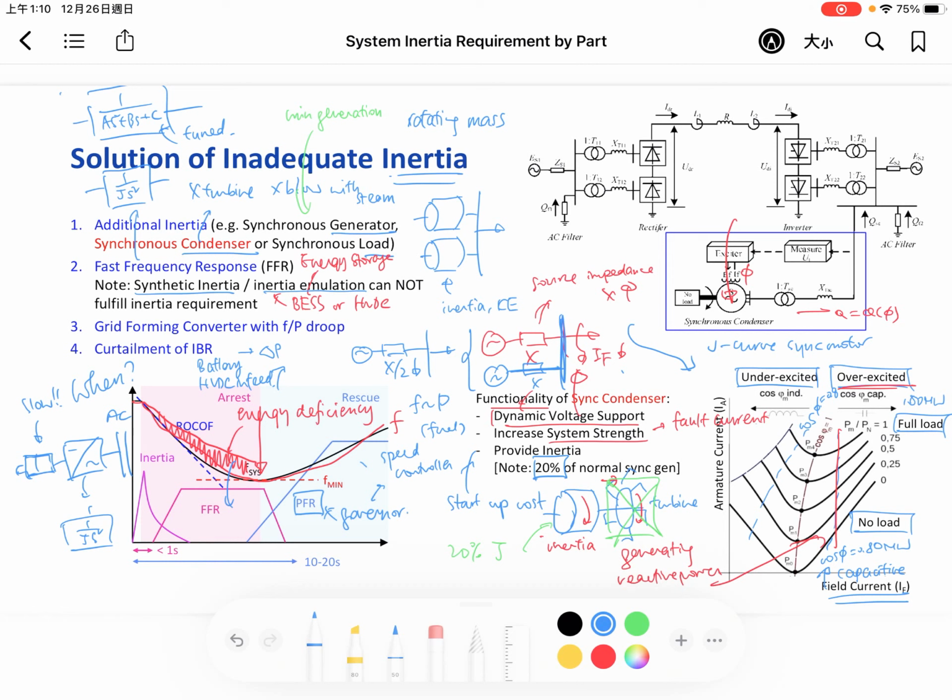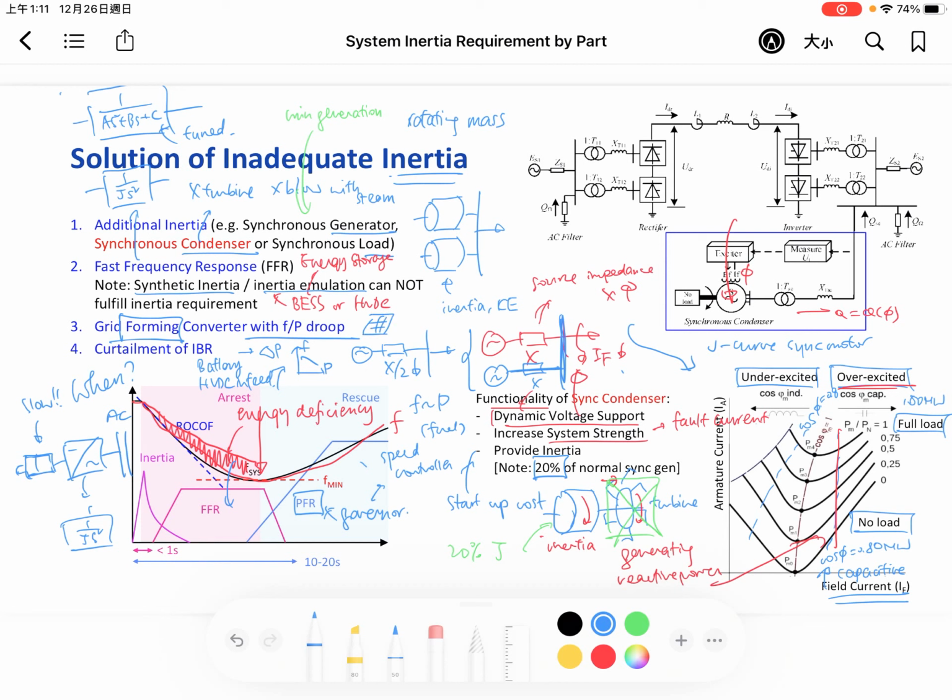The third way is to include some kind of grid forming converter with frequency power drop. It is to control the power flowing into the grid according to the system frequency.